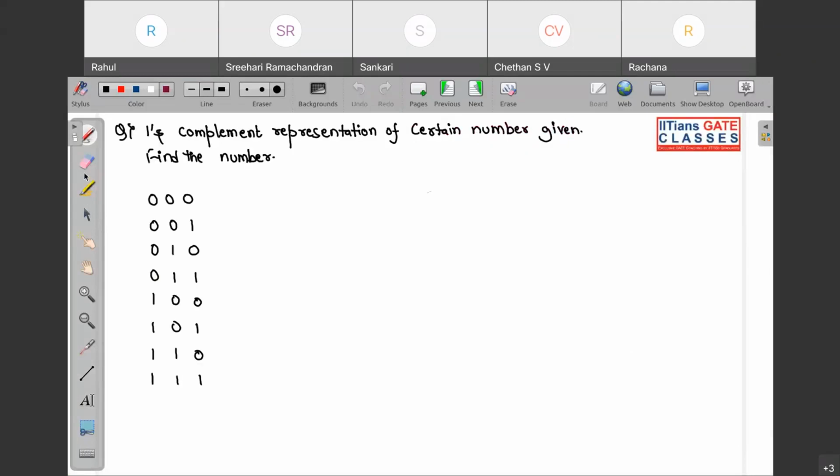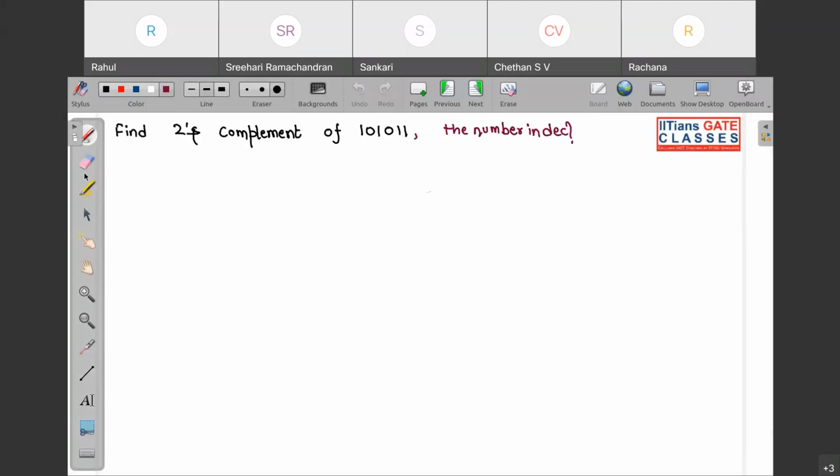We are going to solve a lot of questions in today's session. So what is the number in decimal?